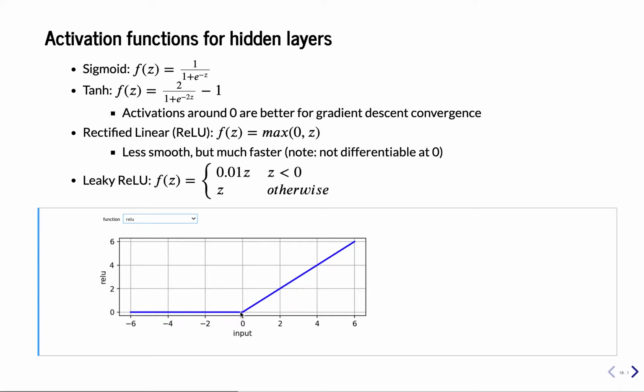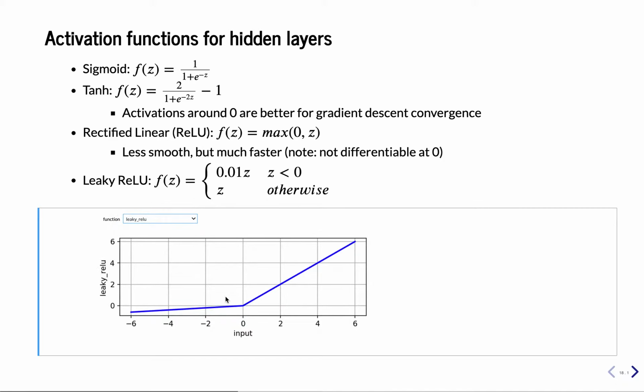But in practice, you could always say that, okay, if it's 0, then just output 0. Now, there's one more variant that's very popular. It's a leaky ReLU, and the difference is that in the negative domain, it does this. So it has a very small 0.01 times z value if the input is negative.